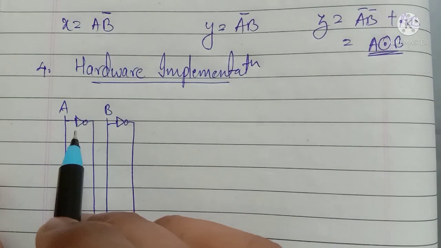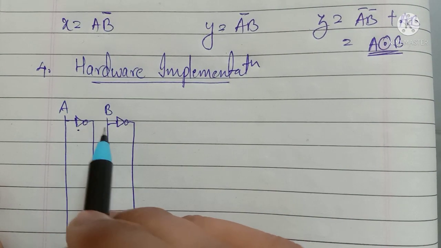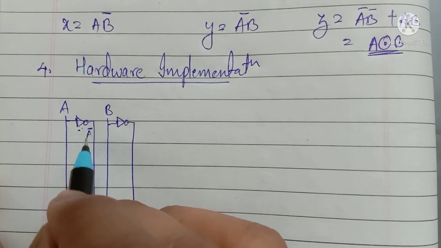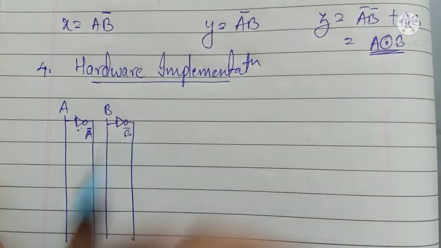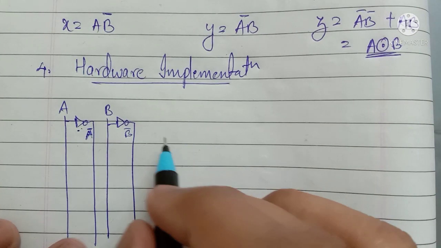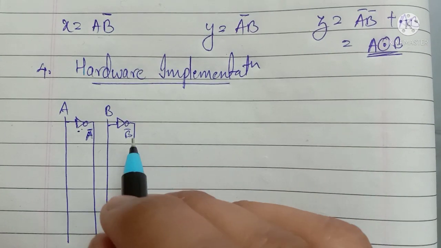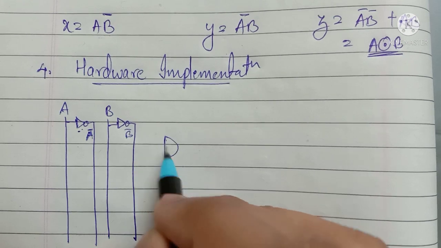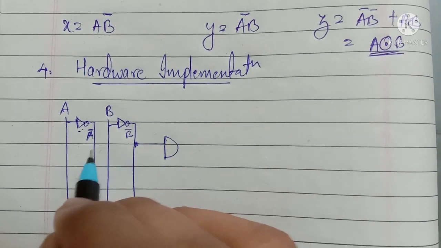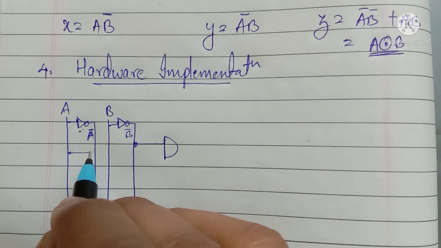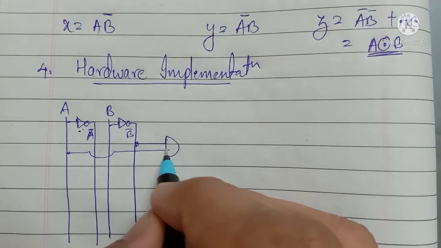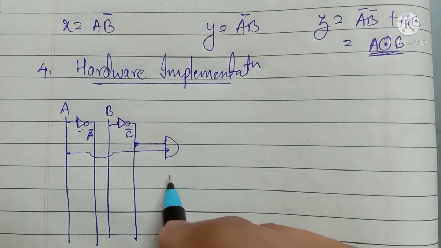This is your NOT gate, so A bar will come from this side, and B bar will come from this. Now for getting the X value we require A into B bar. You can do it directly also, no need for this.